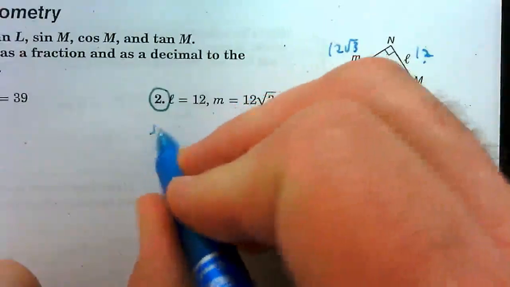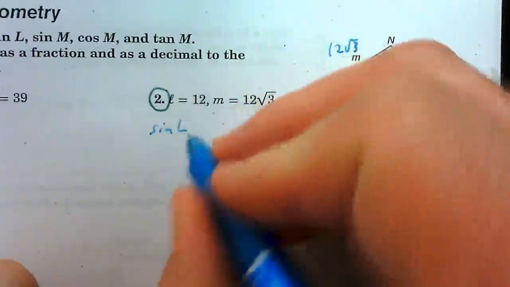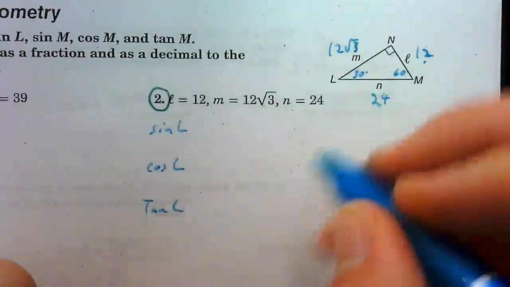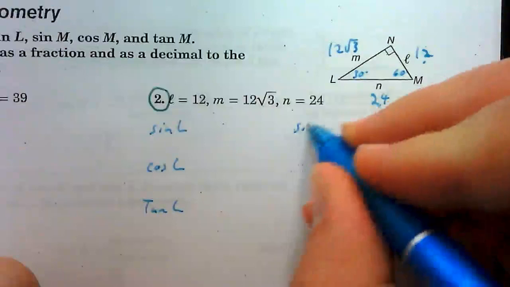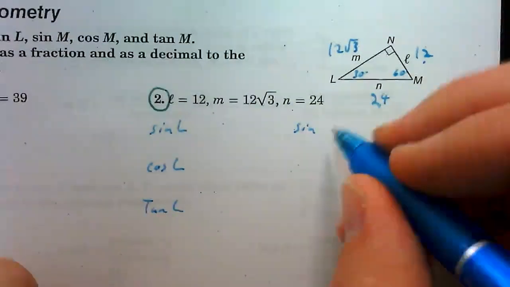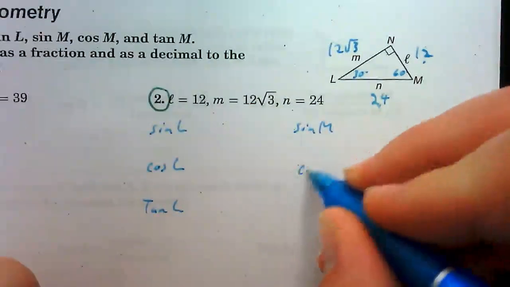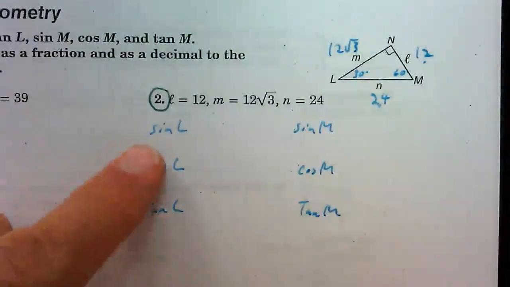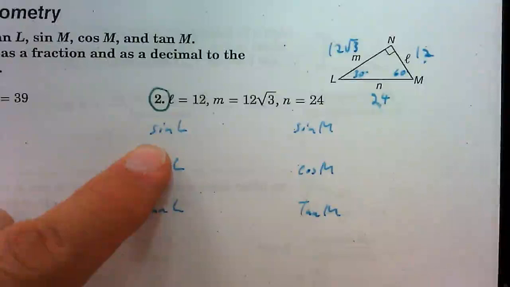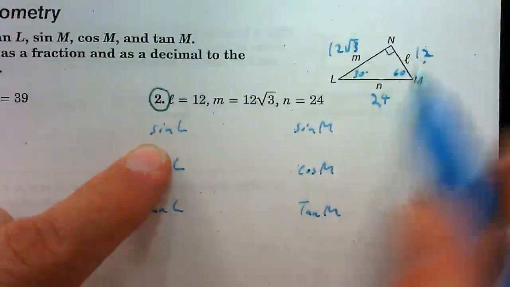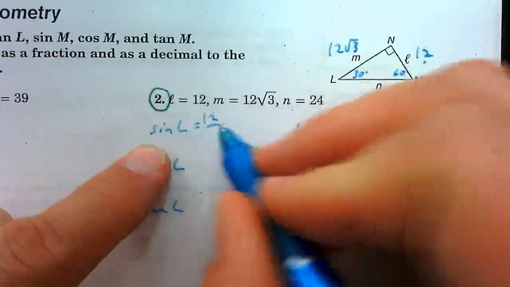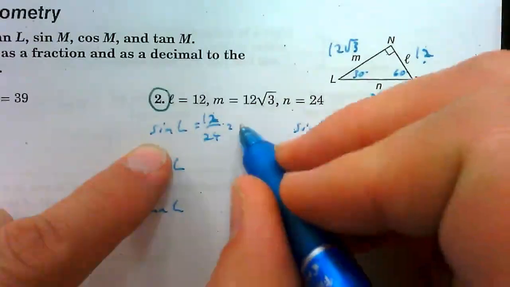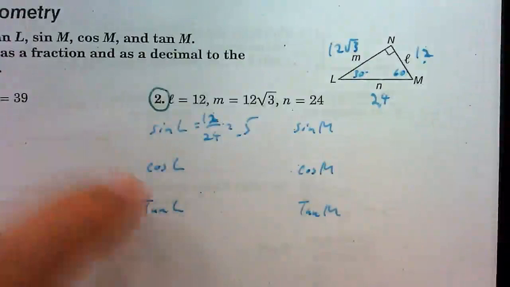Okay, sine of L, cosine of L, tangent of L, sine of M, cosine of M, tangent of M. Sine, opposite over hypotenuse. So we're going from L, opposite is 12, hypotenuse is 24. That reduces to 1/2 or 0.5.